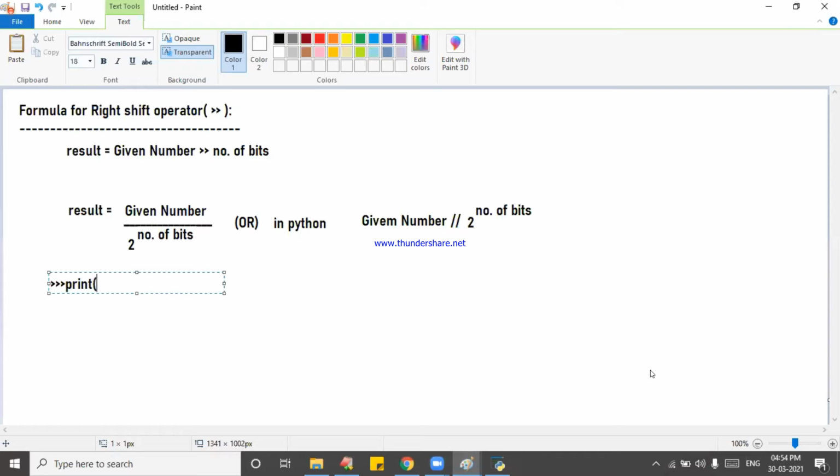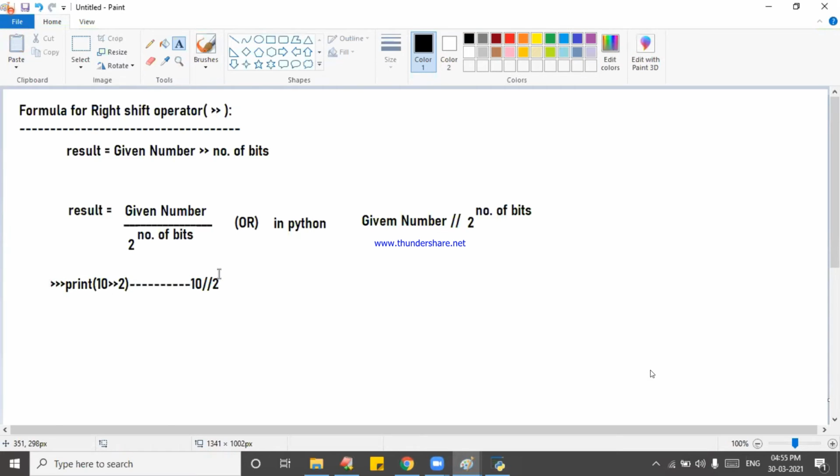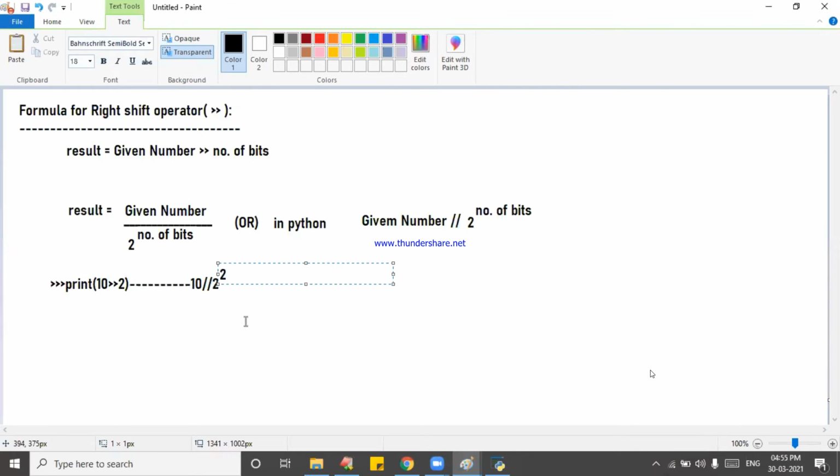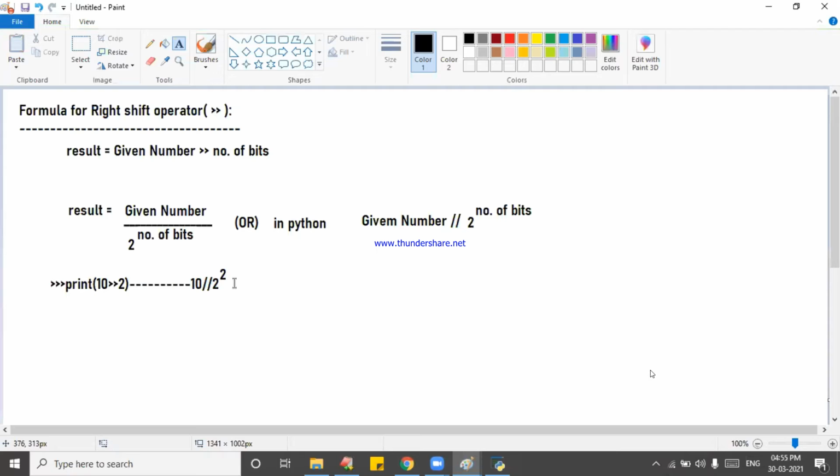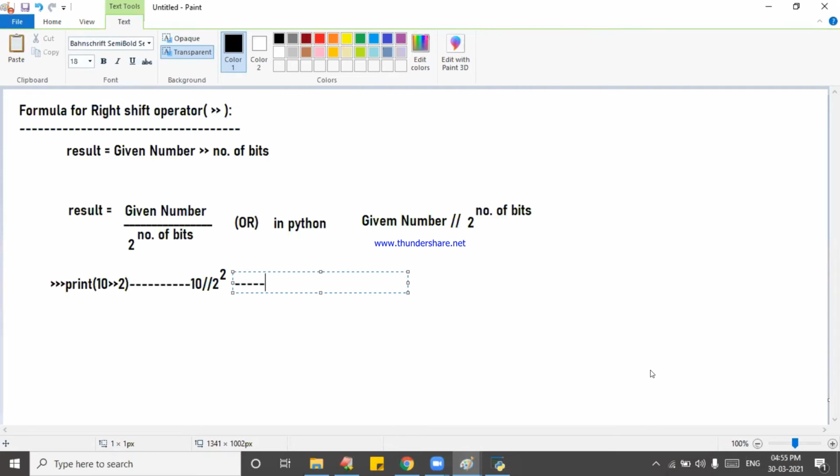If you want an example, print of 10 double greater than 2. The result is 10 by 4. If anybody is getting a doubt, Harshita, you asked about it. 10 by 4, which with double slash is equal to 2, not 2.5, ma.